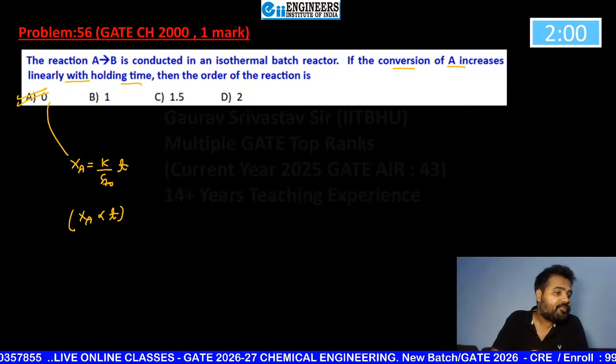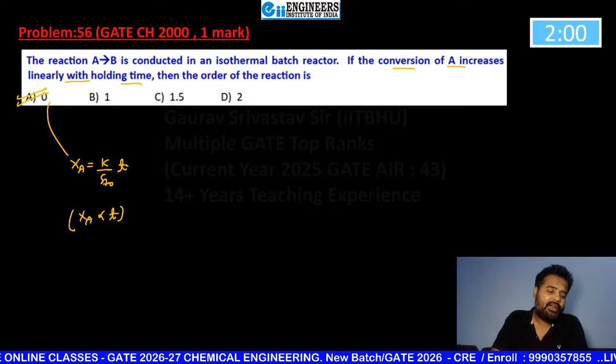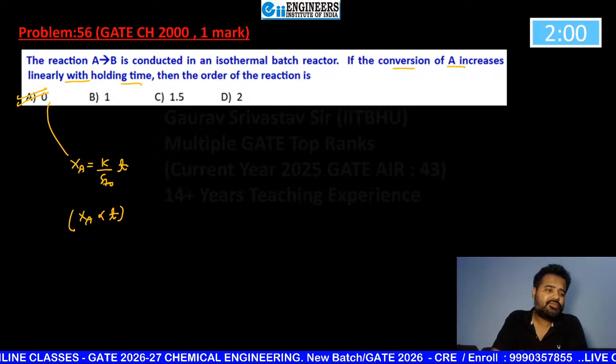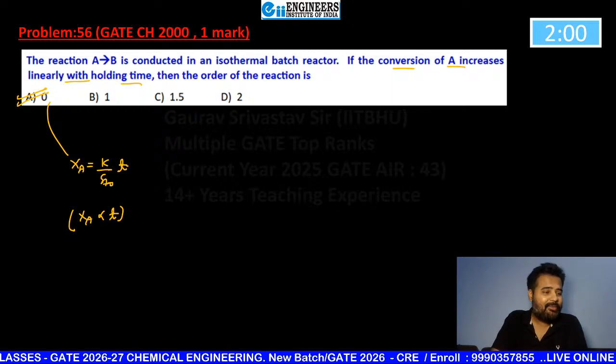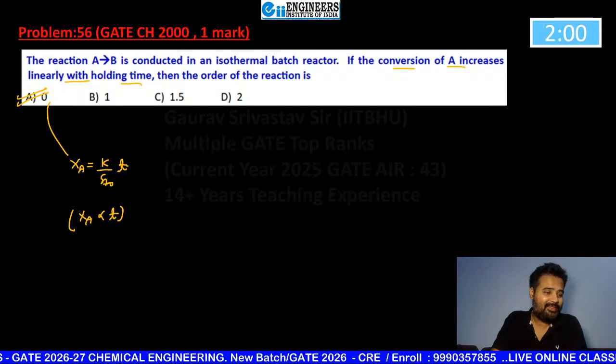Sir, I tried to download the Gate virtual calculator, but it's not available for my version of Android. So what can I do, sir? Beta, just search on the Play Store, because I'm also using the simple virtual calci. I didn't make any calci.